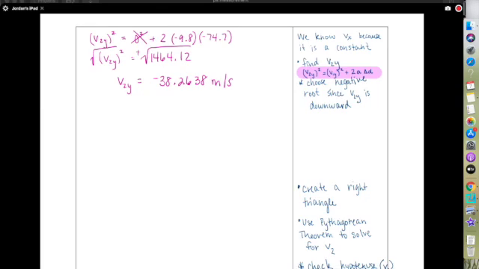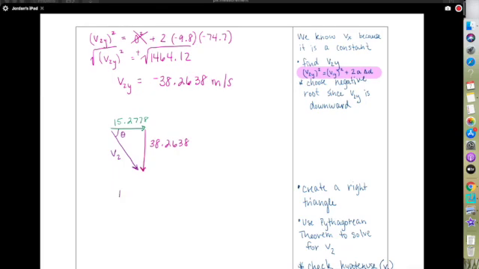We can create our right triangle in order to solve for v2. We know that our vx is 15.2778. Our vy is negative, so I have it drawn downward, 38.2638. And then we want to know what is our v2 and the theta. So we're going to use the Pythagorean theorem.